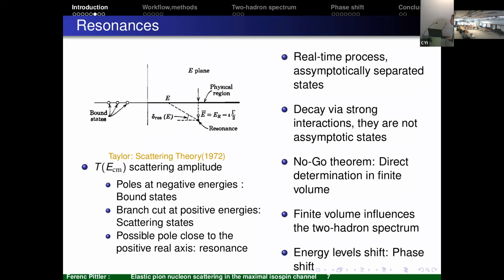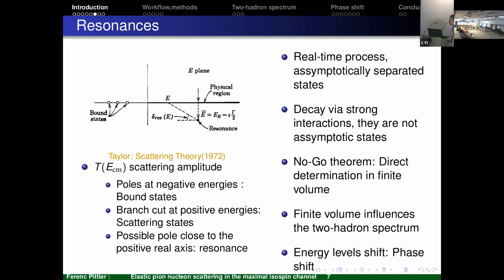Also, if you study resonances experimentally, you compute cross sections, and you see a bump in the cross section as a function of the energy. So you basically study real-time processes with asymptotically separated states, but both of these ingredients are not available in our lattice calculation, because the resonance decays via strong interaction in our case, and the states are not asymptotic states.